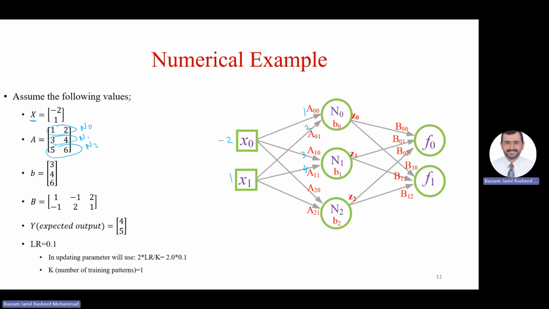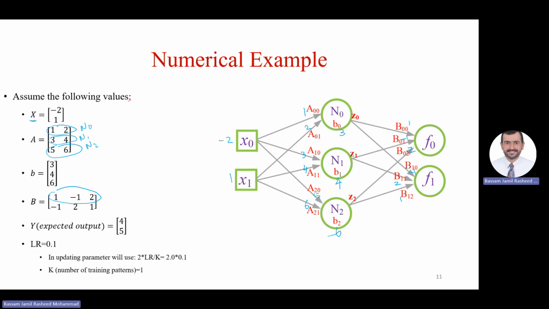So 5 and 6, and these are the biases: 3 here, 4, and 6. And then the B matrix, for the first output node, 1, minus 1 and 2, and then minus 1, 2 and 1.